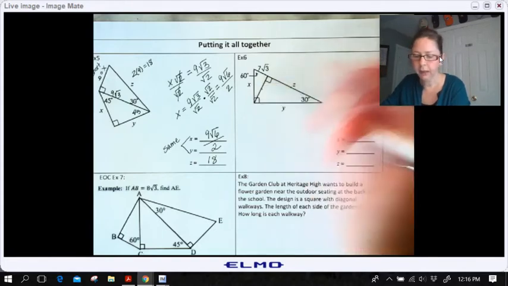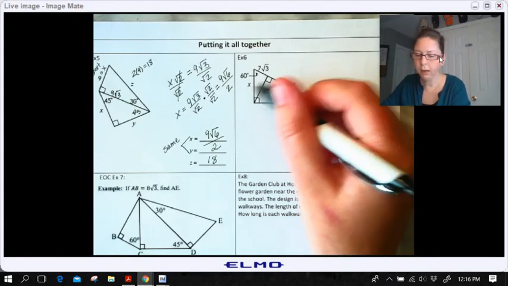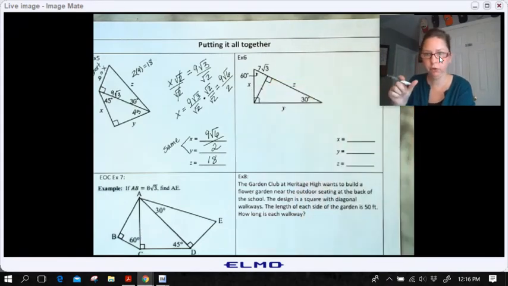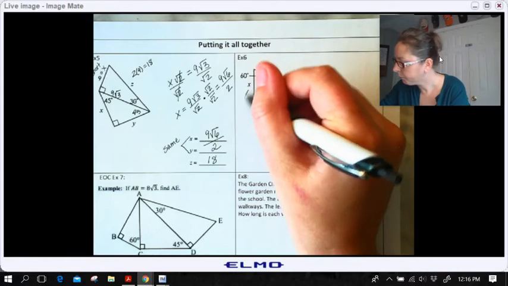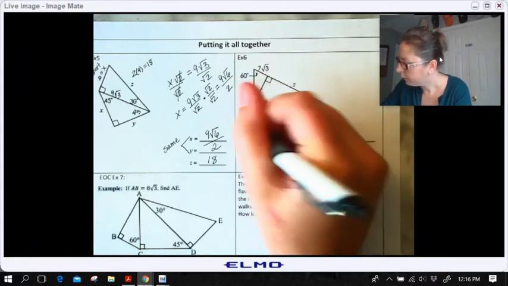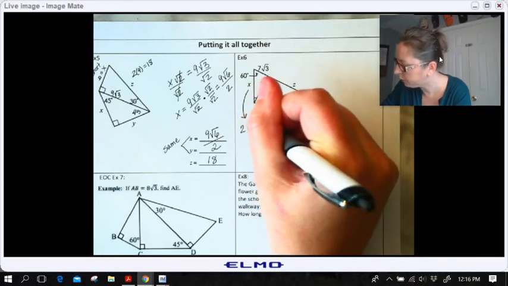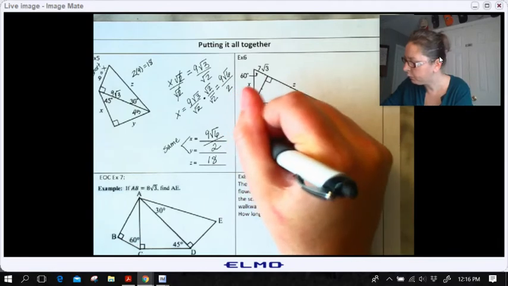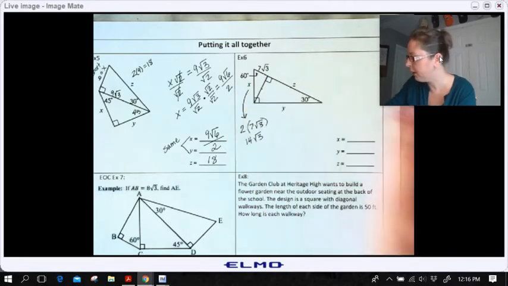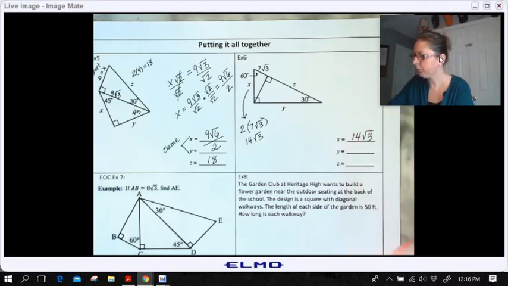I need to figure out the hypotenuse. So the hypotenuse, I'm looking at my little cheat sheet, right? The hypotenuse equals 2x. So 2 times 7 square roots of 3 equals 14 square roots of 3, and that's the value of x. Okay.